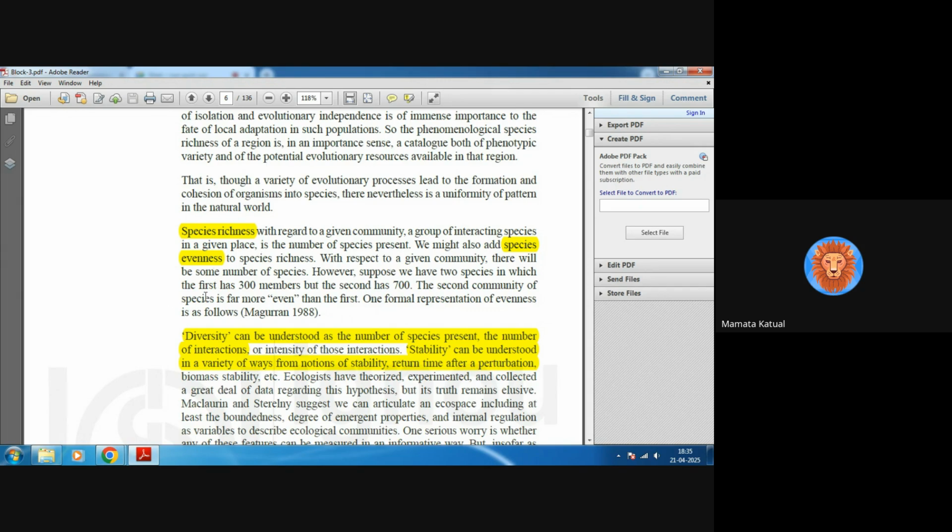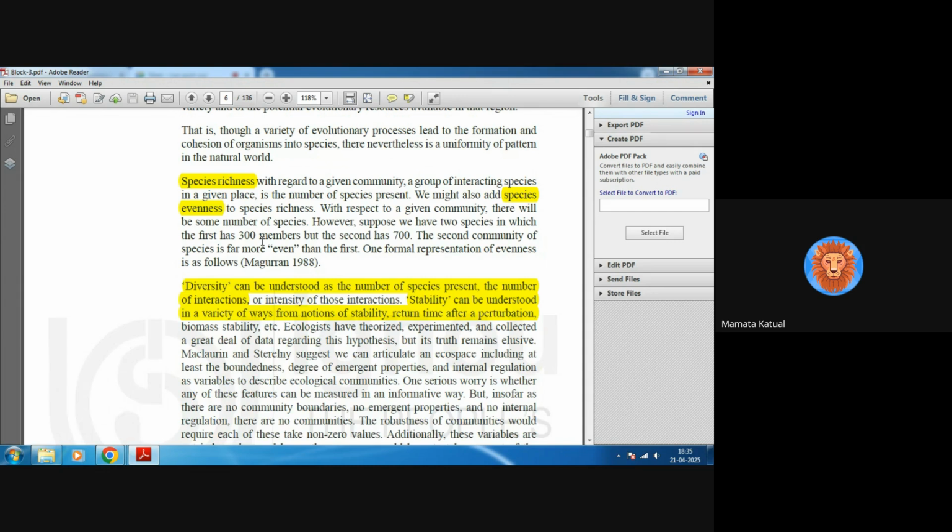That means how much the species evenness or species abundance is, which depends on the number of members of a species.